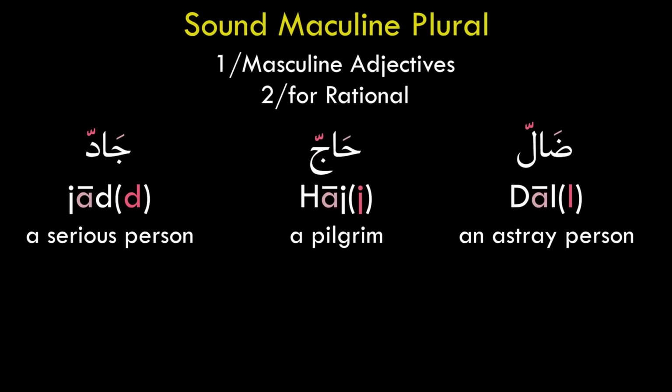If the adjective in its singular state ends with a dhamma, in its plural state we add waw and noon to its end. And if the adjective in its singular state ends with a fatha or a kasra, in its plural state we add ya and noon to its end.